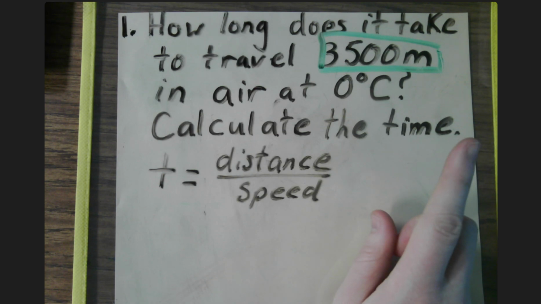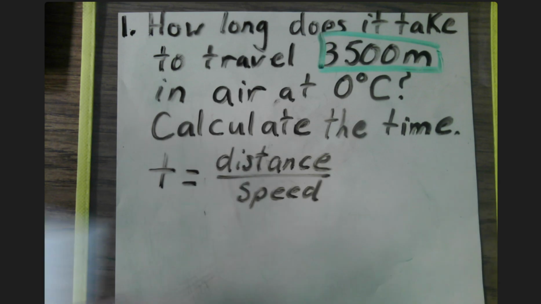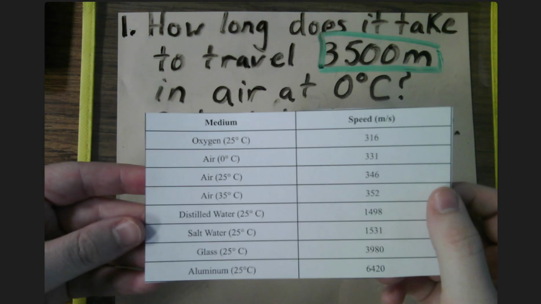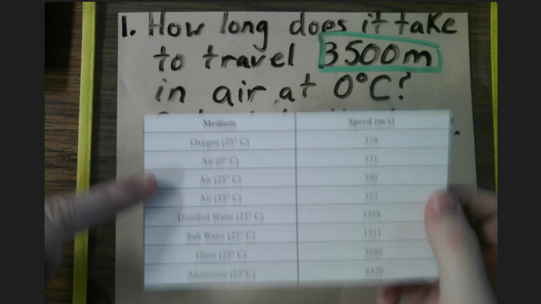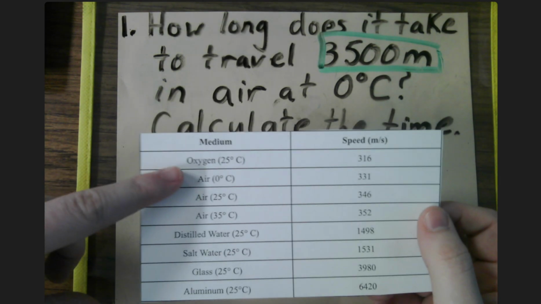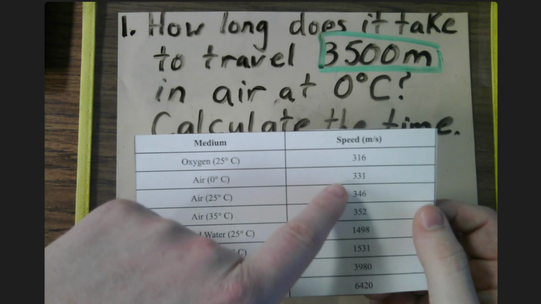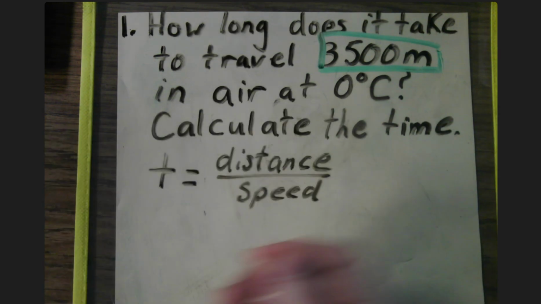Our chart can be found on page 422, or in our notes, or right here. I cut it out. So, we're looking at air at 0 degrees Celsius, which our speed right here is 331. So there is our speed that we're going to use.